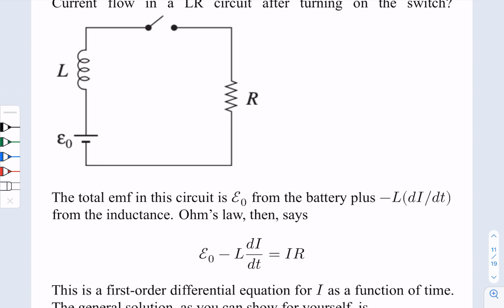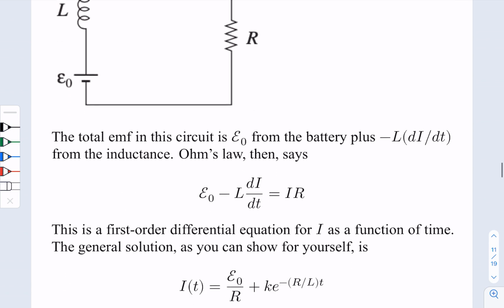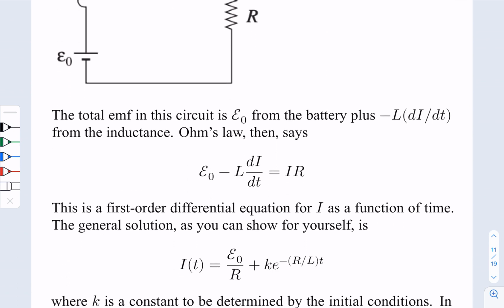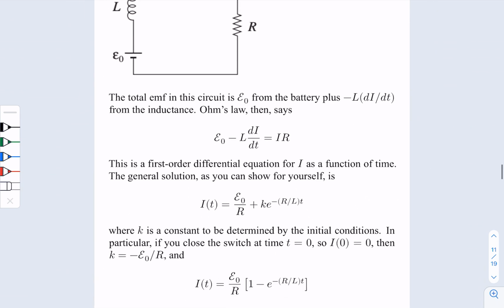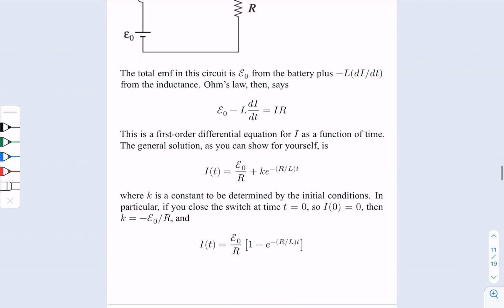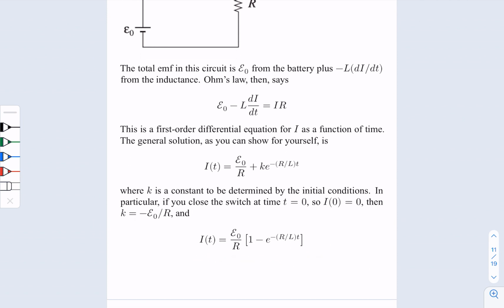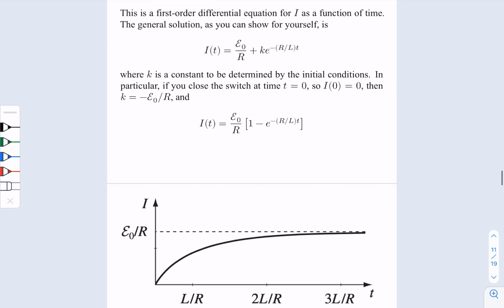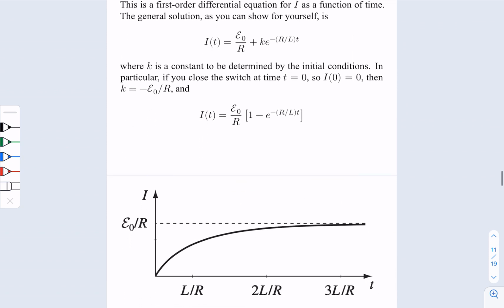So now we simply need to solve this differential equation. This is an exponential function, and the final solution for the current is written here. If I plot the current, it looks like an exponentially increasing function.